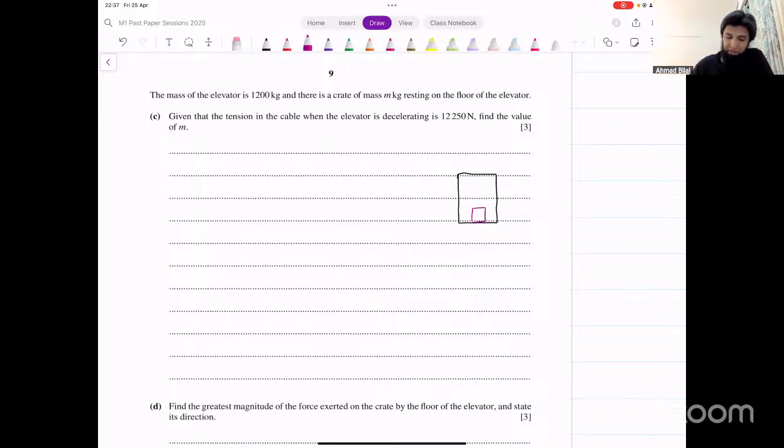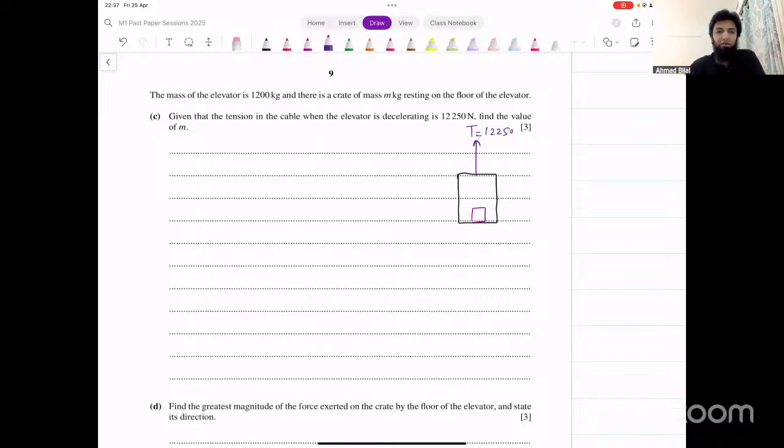Given that the tension in the cable when the elevator is decelerating is 12,250. Tension, where would that be? So the cable will be connected on top, right? So tension will be acting in this direction. That's the value of tension that we've got. Okay.